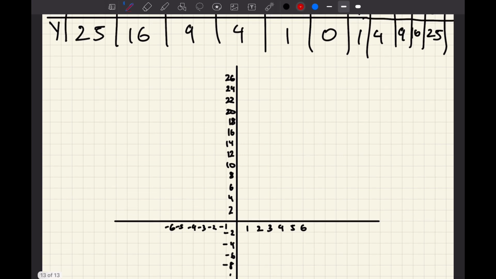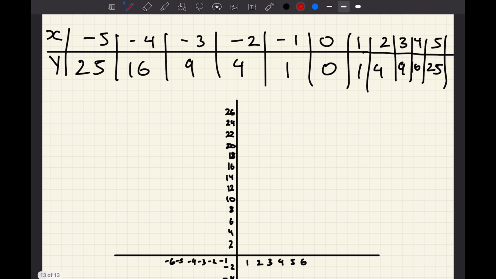Okay. So when x equals -5, y equals 25. When x equals 4, y equals 16. When x equals 3, y equals 9. Plotted these in the wrong spot. 25, there we go. 4 is 16.